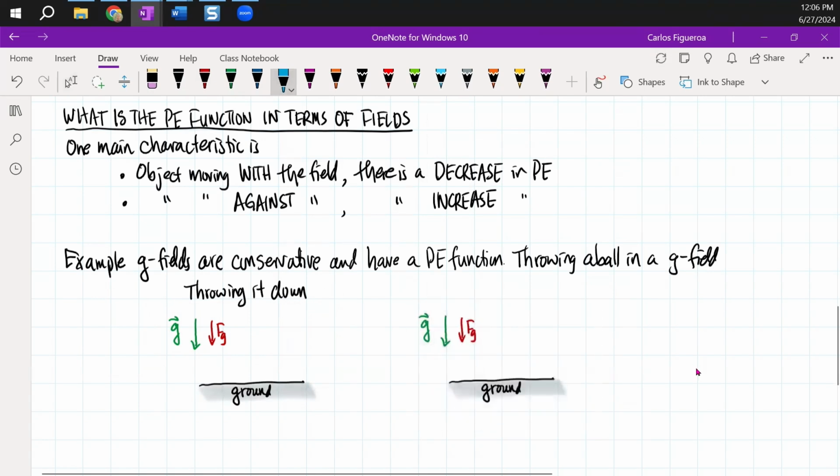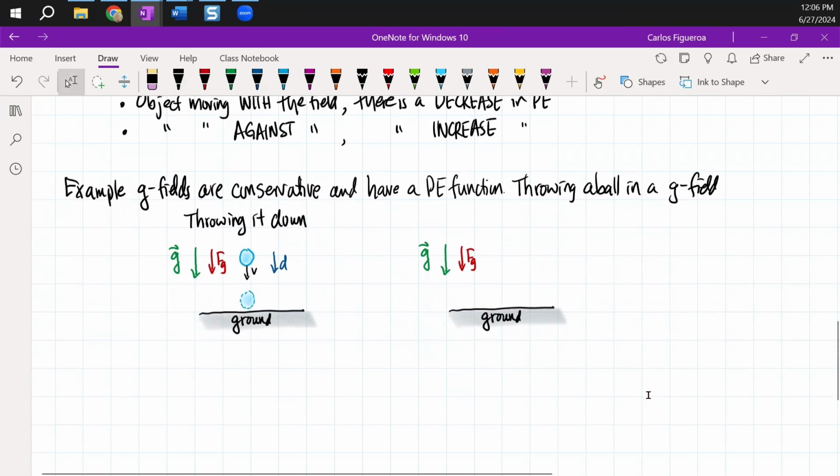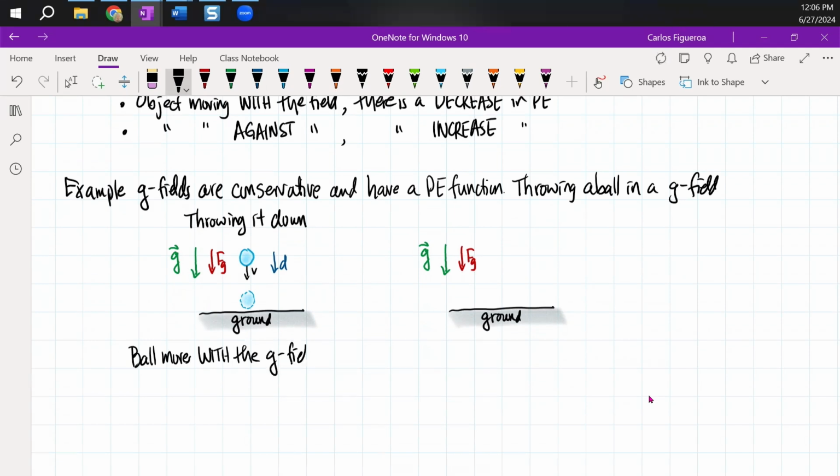If I take this ball and I throw it and it's moving downwards, and because my displacement is going downwards, I'm going to find that the ball moves with the gravitational field.